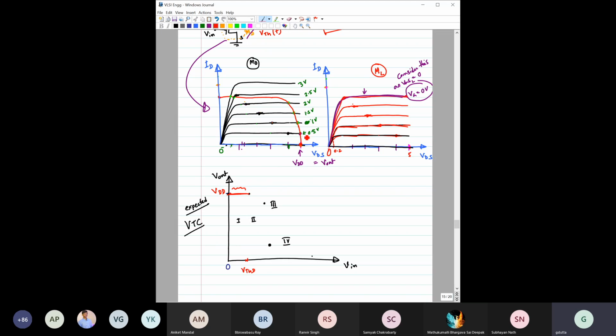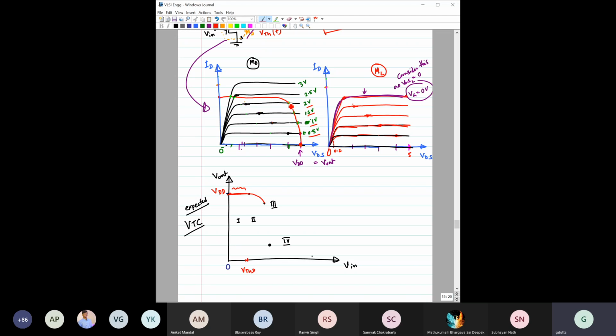So after that, we are changing VG, that means we are changing this one. So we are still in this region. So here you can see, as we increase this VG or input voltage, the change in output voltage is not that significant, isn't it? So it would be something like this, right?